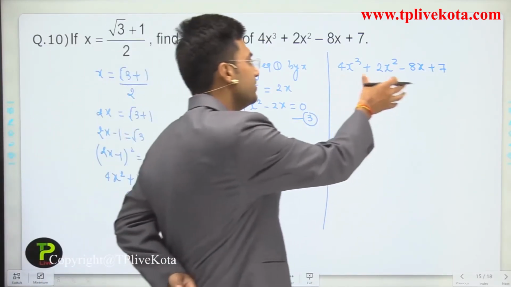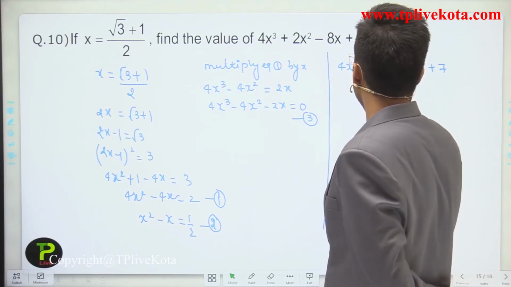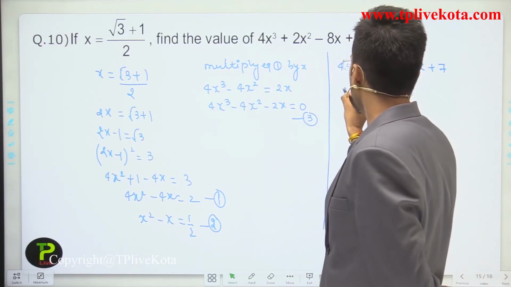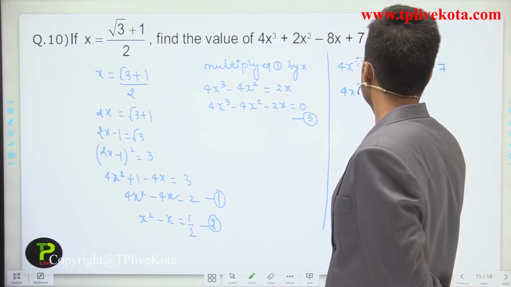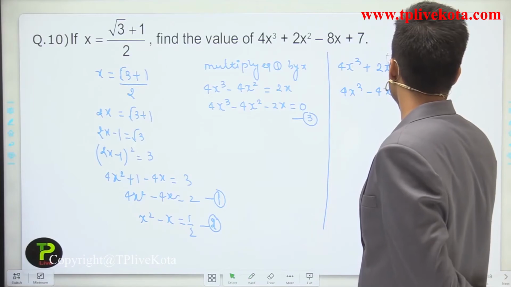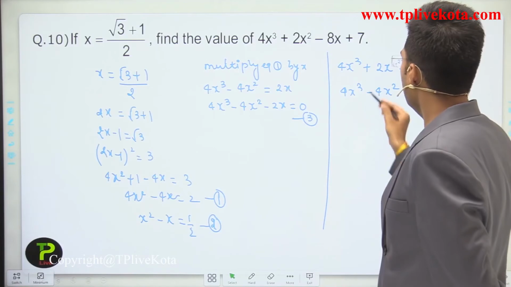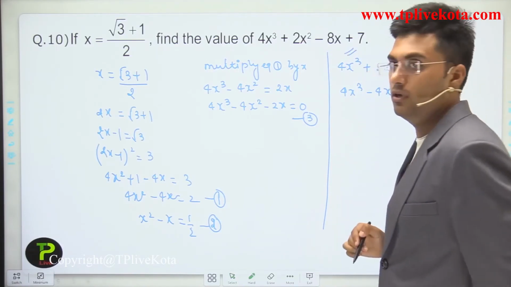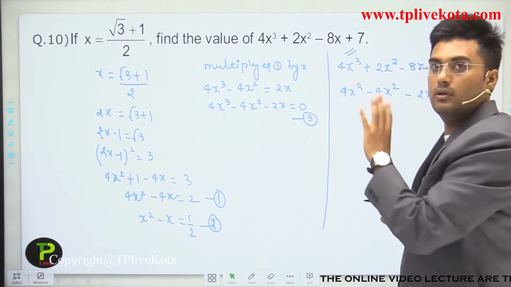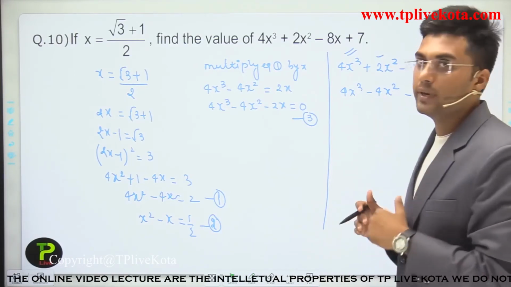Now arrange this equation. Here is 4x cube plus 2x square minus 8x plus 7. We have the value of 4x cube minus 4x square minus 2x, and we require the value of this expression. So here we require 4x cube and we have 4x cube, so it is good. But here we require 2x square and here we have minus 4x square.